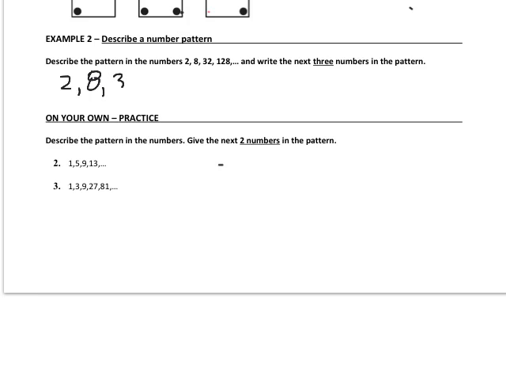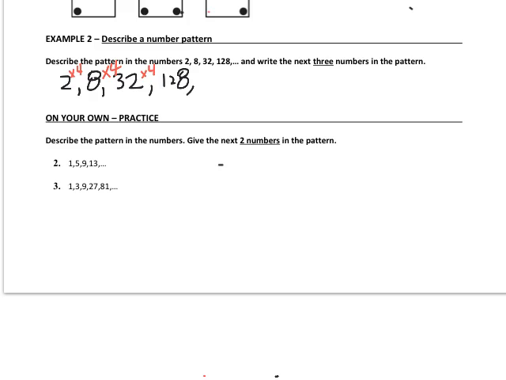So let's look at the next number. We did not add 6 to get to 32, right? 8 plus 6 is not 32, but we could say that we multiplied by 4. So it looks like the pattern is multiply by 4 to get to 8, multiply by 4 to get to 32, and if we multiply by 4 again, we are going to get to 128.